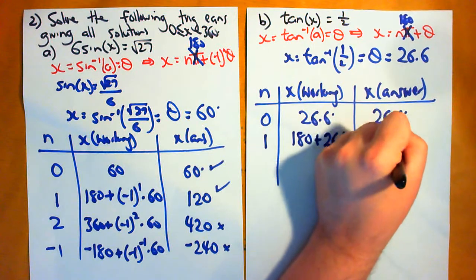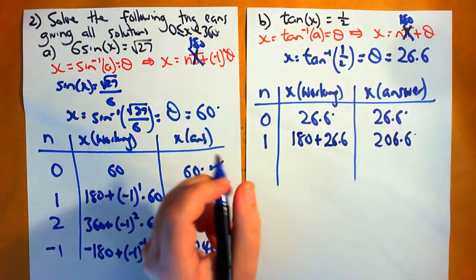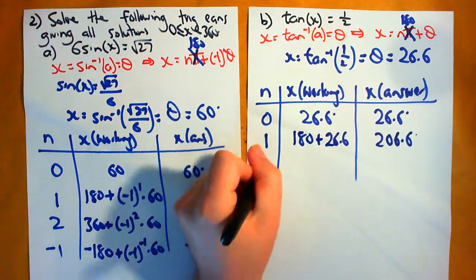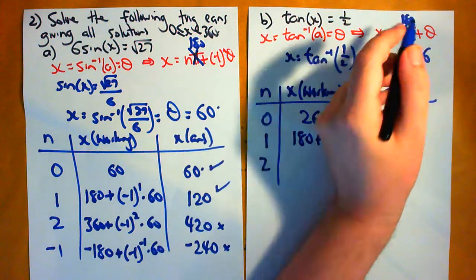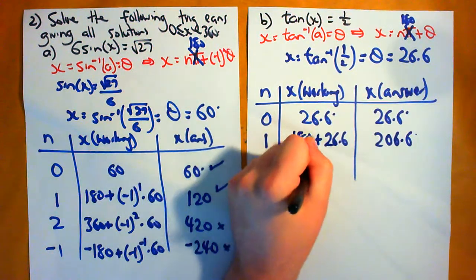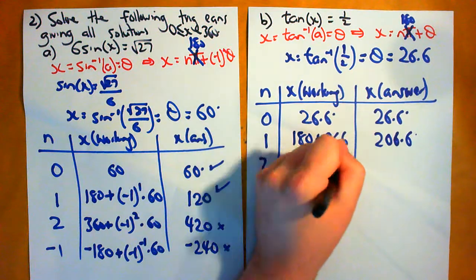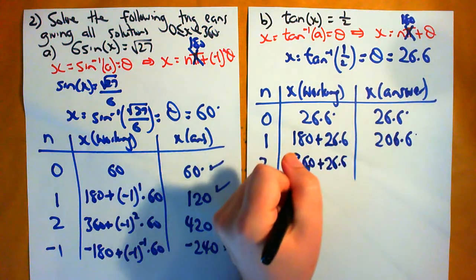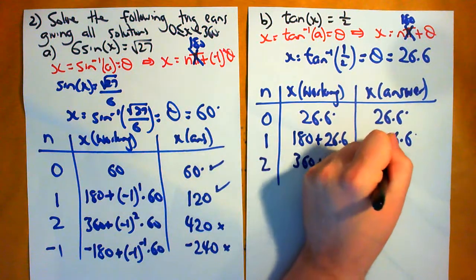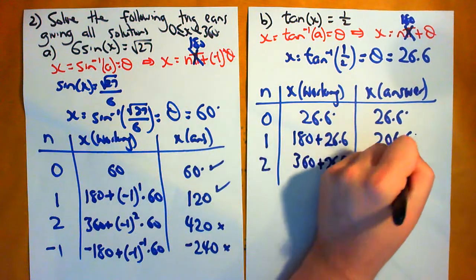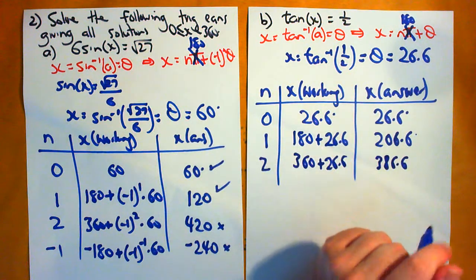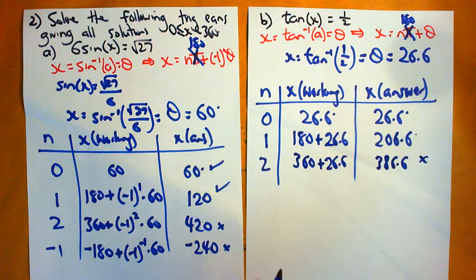Calculating that we get 206.6. For n equals 2, 2 times 180 is 360 plus 26.6, so that will be 386.6, which is over 360, so that solution is too big.